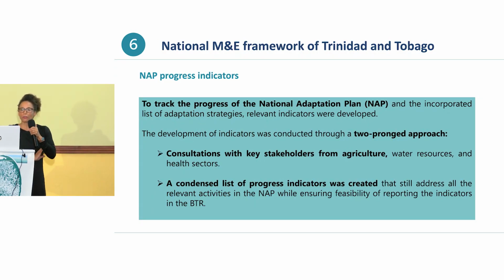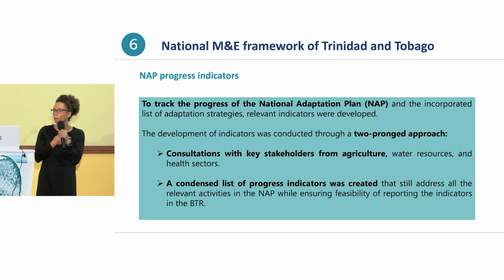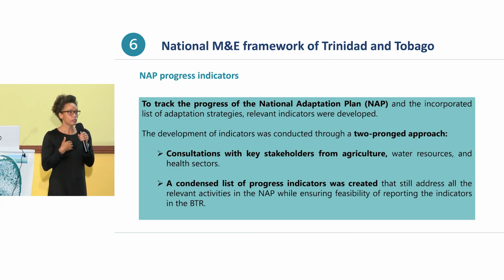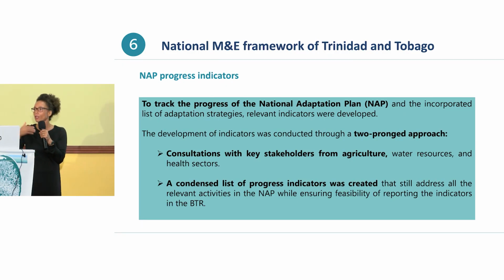To track the progress of the National Adaptation Plan, the development of the indicators was done, and the Gauss consultancy was involved in this development. You had been involved in this development in order to assure that the indicators are context sensitive but still general enough to compare towards other regions and towards other nations.